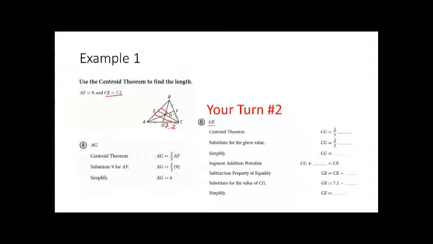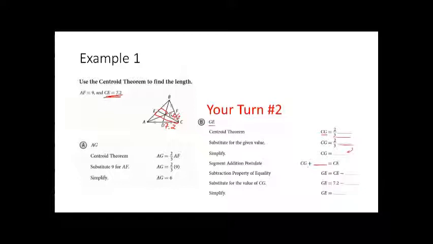And we know that GC is 2/3 of that whole median. Okay, so that's something to be aware of. Now, centroid theorem. So basically, CG, okay, again, we know is 2/3 of that whole median. And they did give us the whole median. So plug it in. And then once you substitute it in, you're going to get your answer. Okay, CG equaling something.